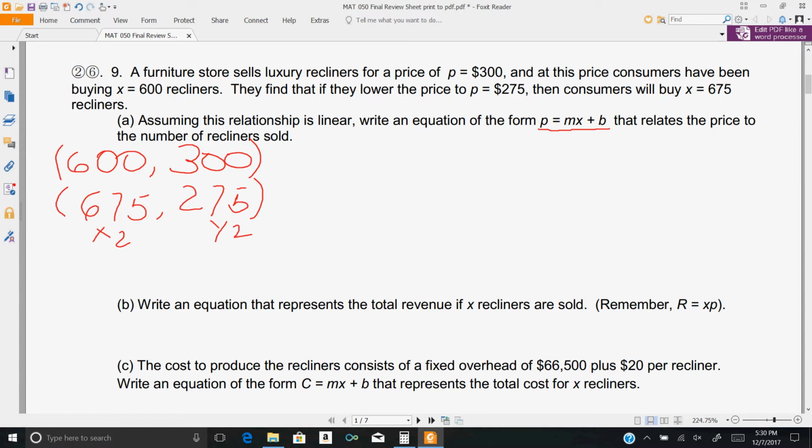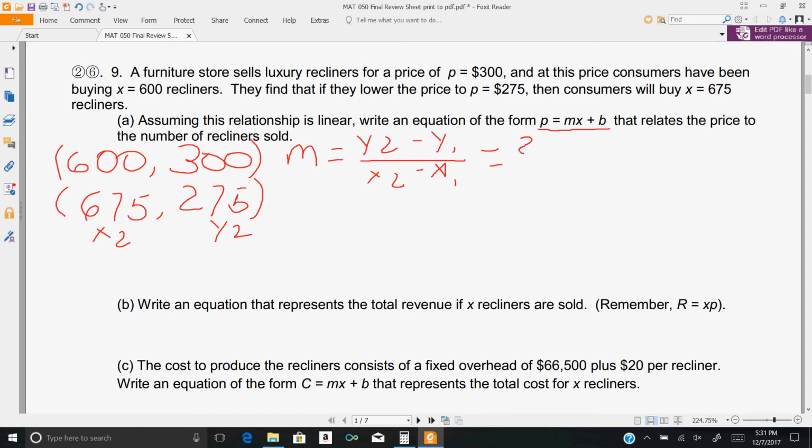The x2 and the y2 have to go together. So I come back up here to do my slope, and I do change in y, y2 minus y1, divided by x2 minus x1.